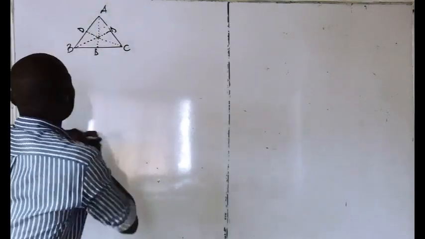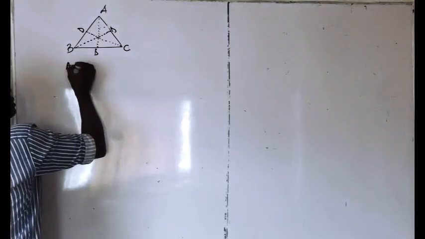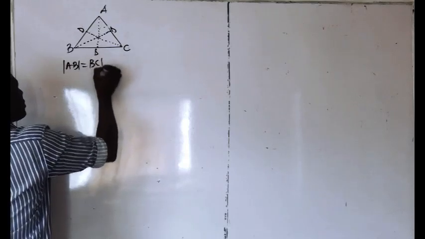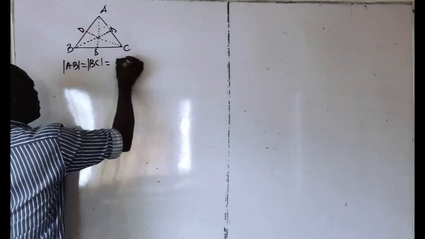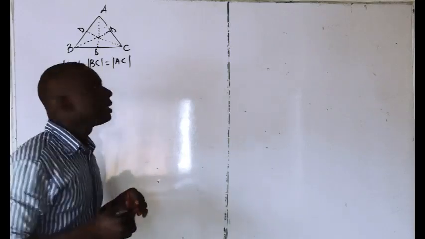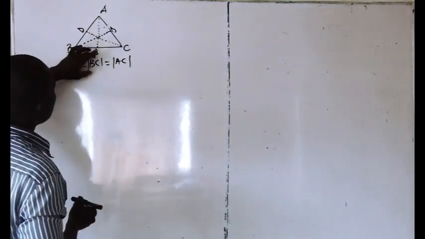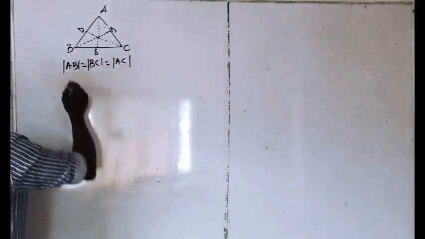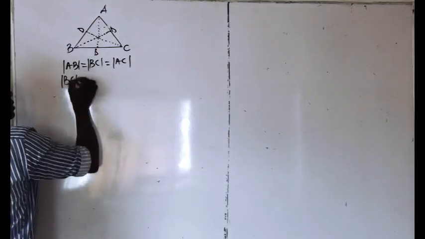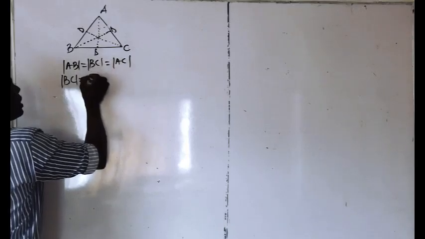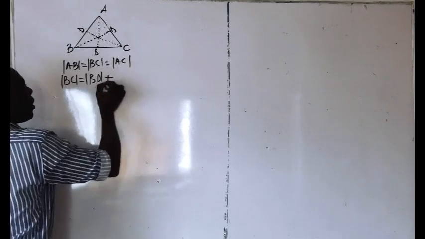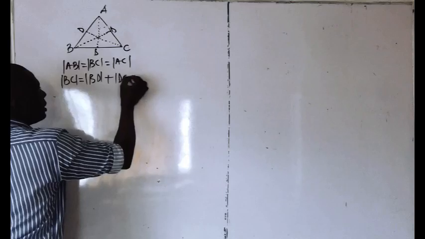Because the line AB is equal to the line BC is equal to the line AC, that is our equilateral triangle. All the sides are equal. Now, if AB equals BC equals AC, then the length BC, for instance, is made up of the length BD plus the length DC.